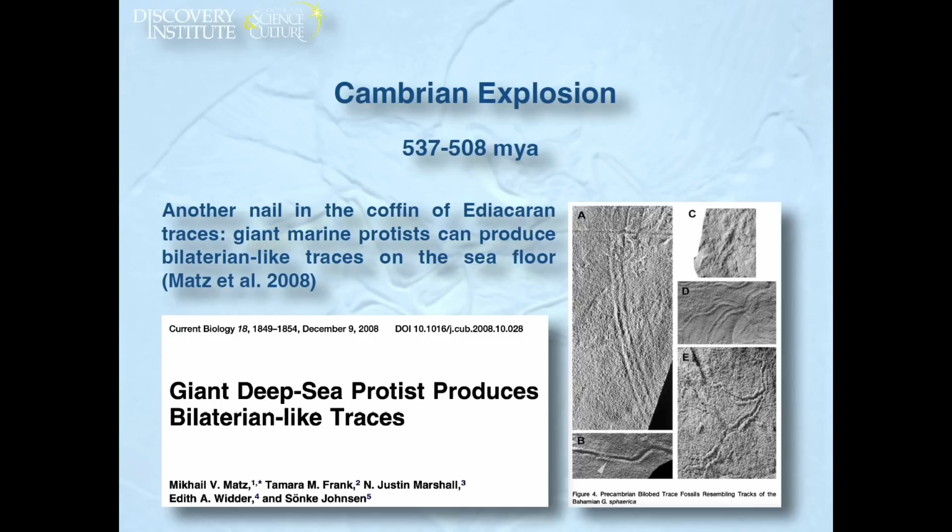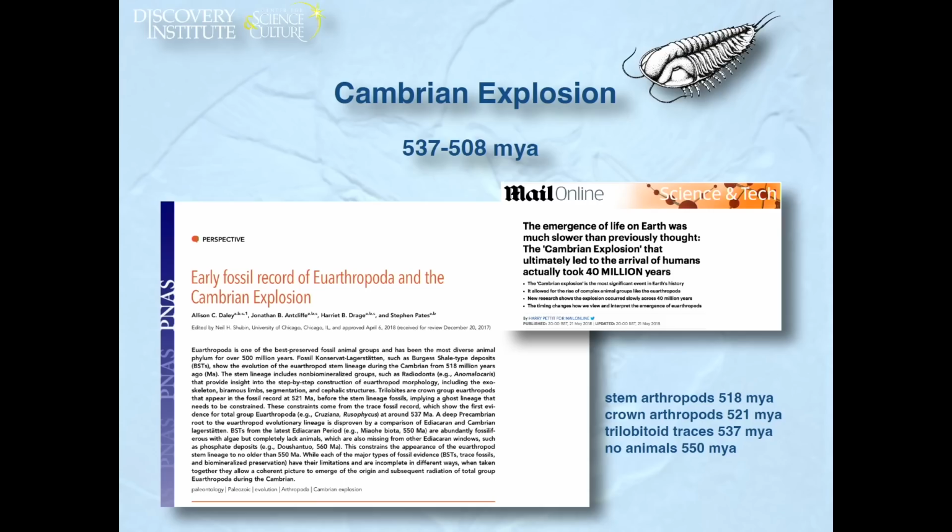And you see here on the title of this paper, Giant Deep-Sea Protist Produces Bilaterian-like Traces. So both papers together basically demolished the evidence from the trace fossil record. So this didn't work either to explain away the Cambrian explosion.